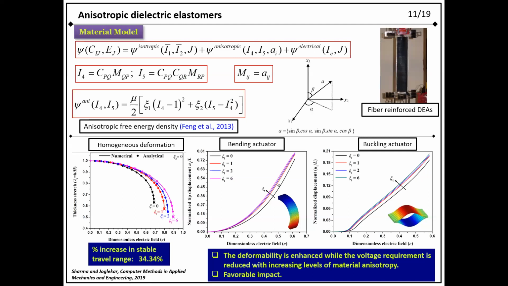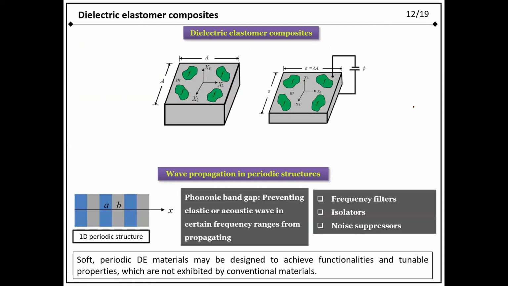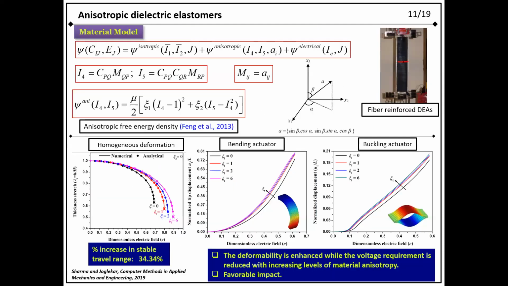Okay, so another thing that I told you is that in order to actuate such materials, the actuator made up of such materials actually requires high voltage. Okay, so one method to reduce the requirement of high voltage is enforcing the material anisotropy.